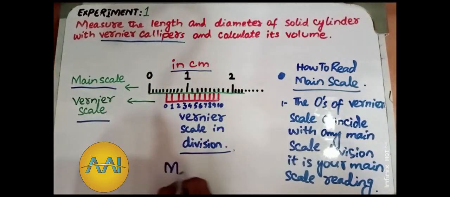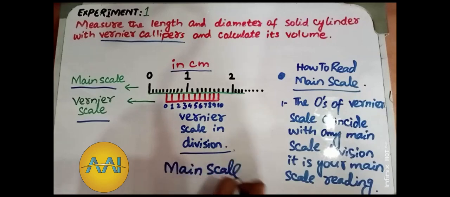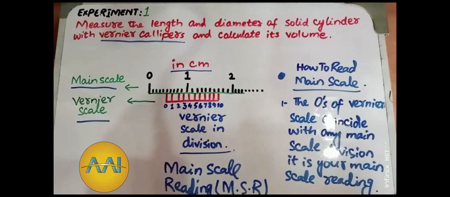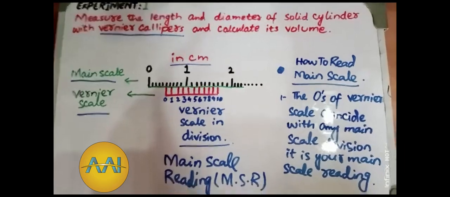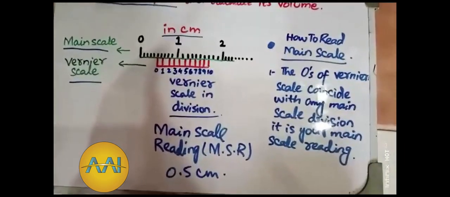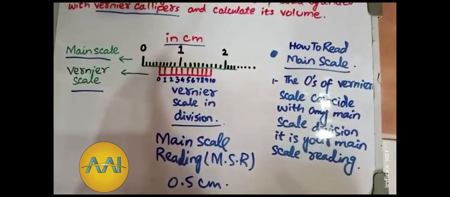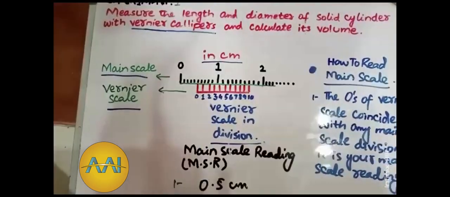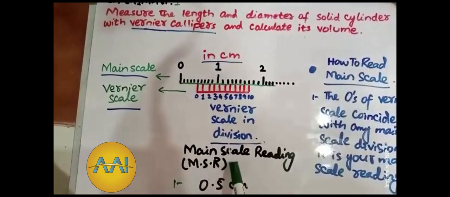It is also represented by MSR, which is 0.5 centimeter. So here I have written for you again: main scale reading, also represented by MSR, we have found is 0.5 centimeter. I hope you all are clear.